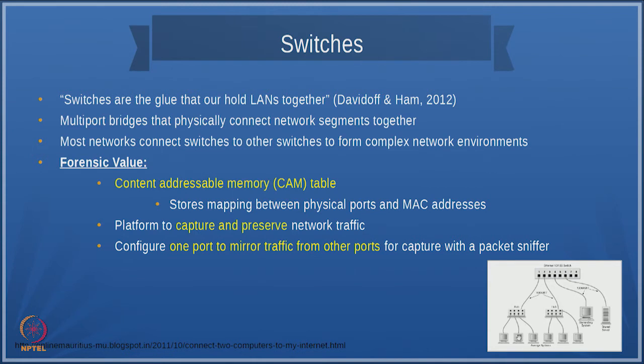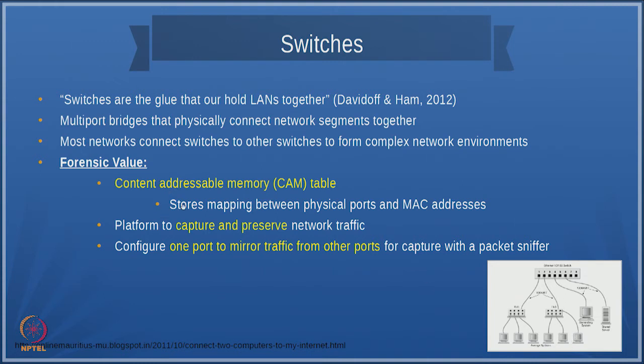For example, the switch will know that this machine's Ethernet address can be reached via this link. Similarly, this network can be reached via this link. So, if data comes from here, this switch will exactly know where to route the data based on the Ethernet address of these devices.